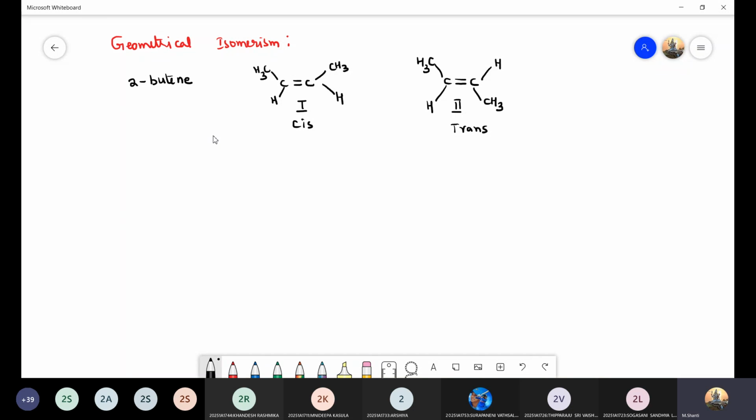Now, another example. Again, these are the cis and trans forms, but names of these structures, any idea?